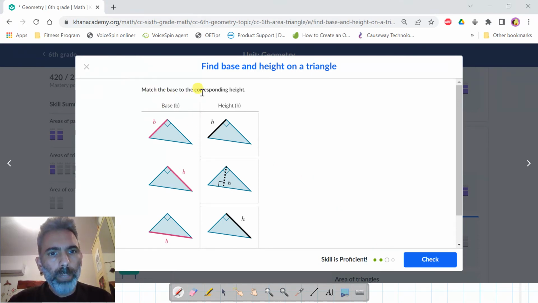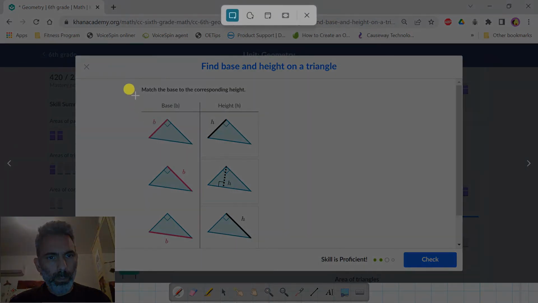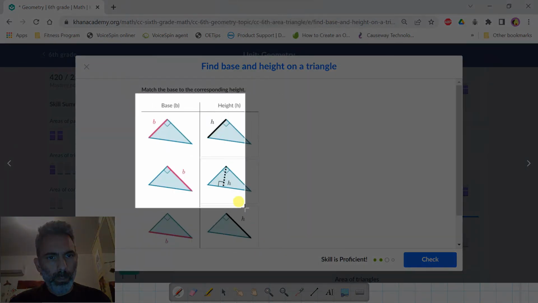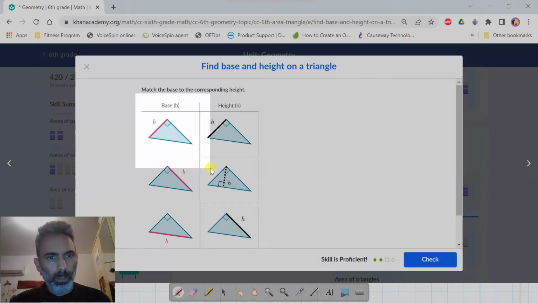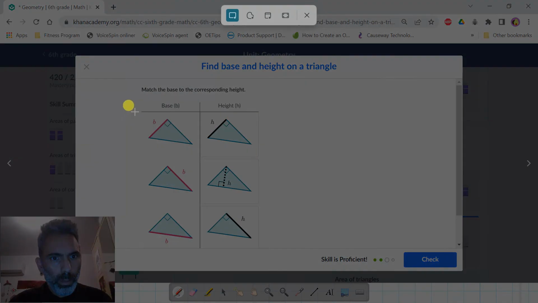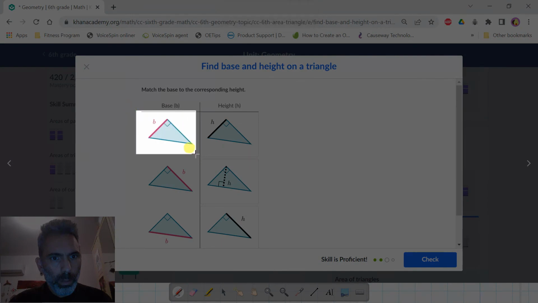Okay, match the base to the corresponding height. So let me copy this one.